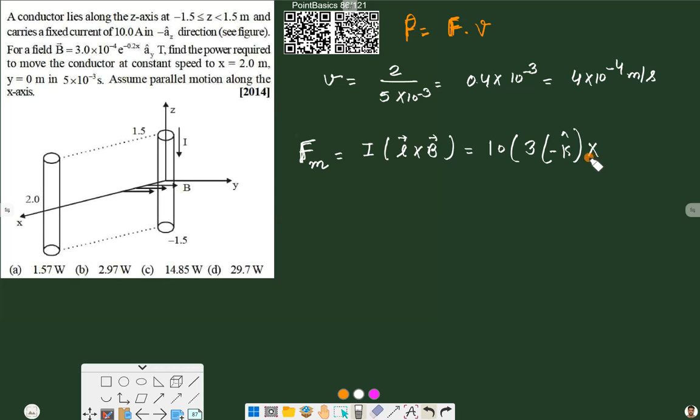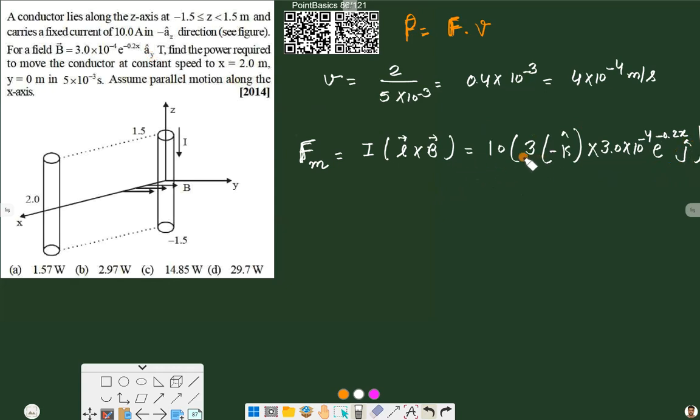And cross product with the magnetic field, that is 3 into 10 raised to power minus 4 e raised to power minus 2x with direction given by unit vector in j direction or y direction.